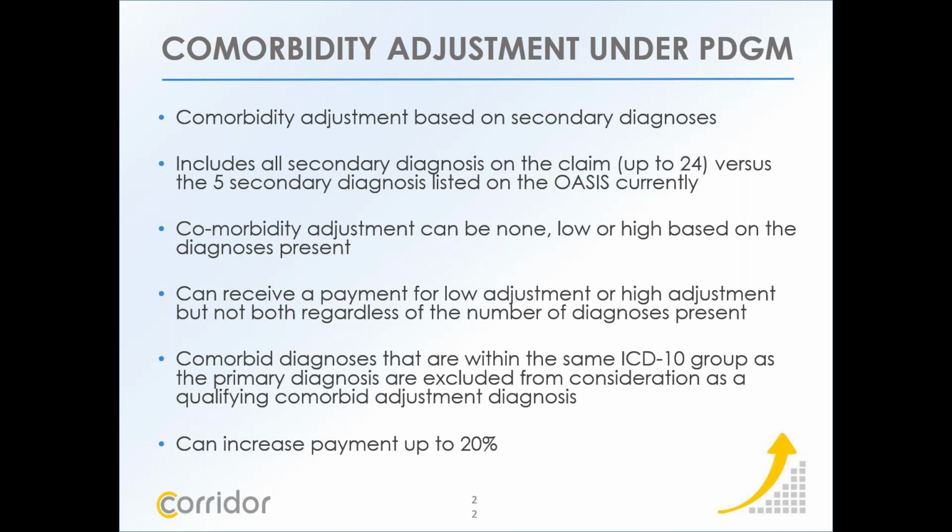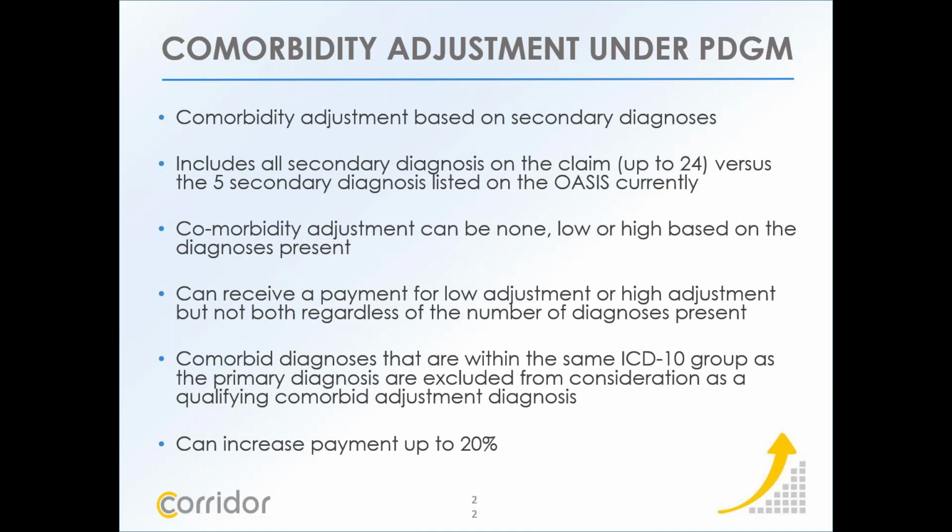It is important to remember that comorbid conditions that are within the same ICD-10 group as the primary diagnosis are excluded from consideration as a qualifying comorbidity adjustment diagnosis. An example of that is a patient who has a sequela or late effect of a stroke. So they have both hemiplegia and dysphagia. One is primary and one is secondary.